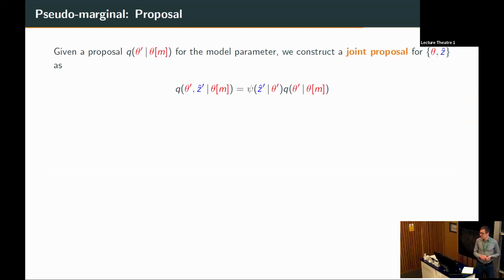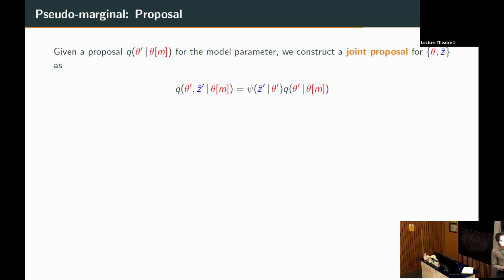Specifically, we will use now a joint proposal for the pair theta and z hat, which factorizes in this way. So we assume that there exists some kind of proposal only over the theta coordinate. This is the same as we had in the ideal situation, that we need a proposal for the theta variable.